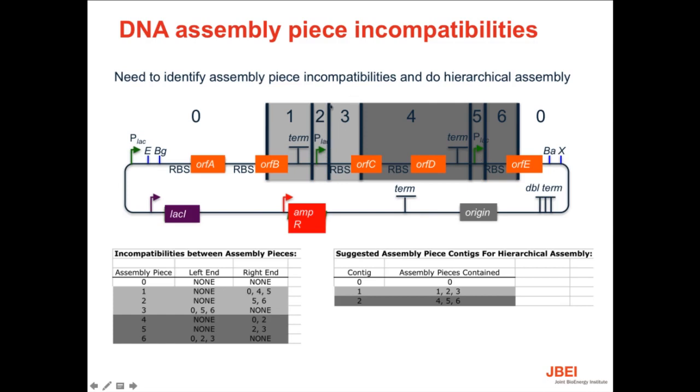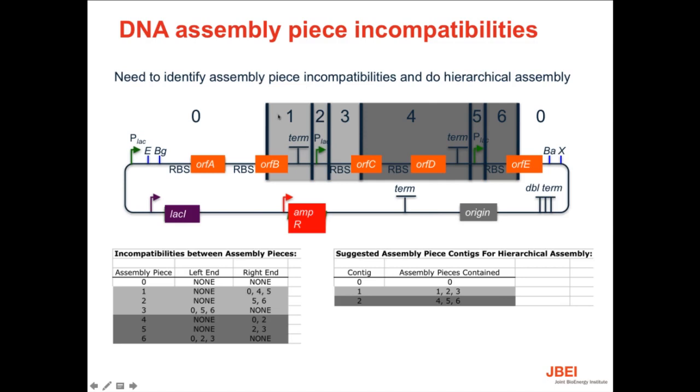So a challenge is, if I'm assembly piece number 1 and I'm looking downstream for something that looks like this PLAC, I could assemble together with insert number 2, or I might mistakenly assemble together with insert number 5, because 2 and 5 look very similar to each other.